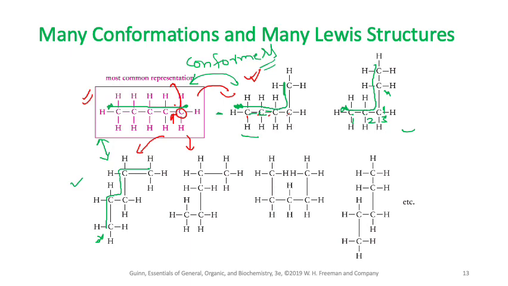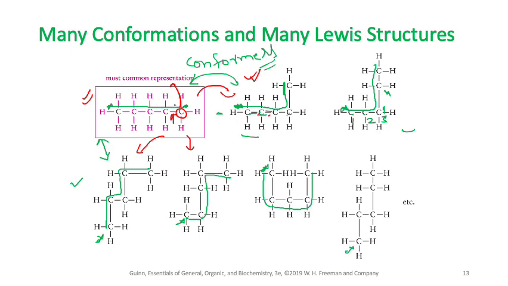Same thing over here. Start with this, follow the carbons. I haven't missed any carbon, conformers. Again, let's start with this corner carbon and follow the bond. I touch all the 5 carbons. That means it's the same molecule, different shape.